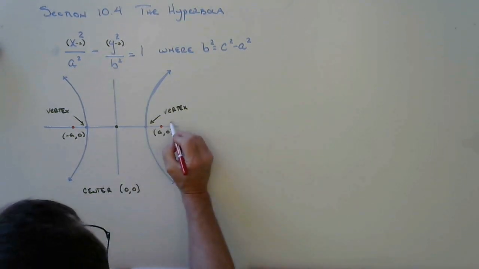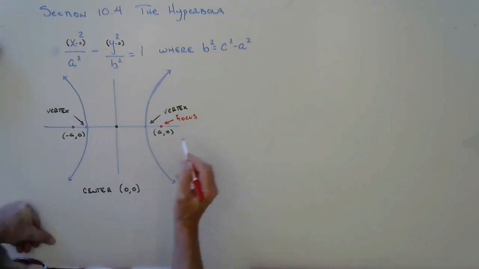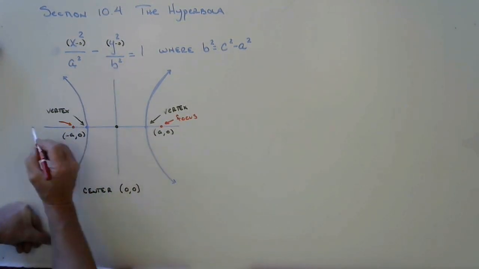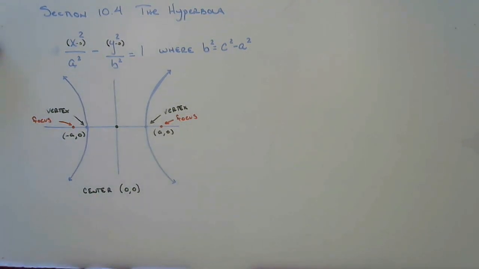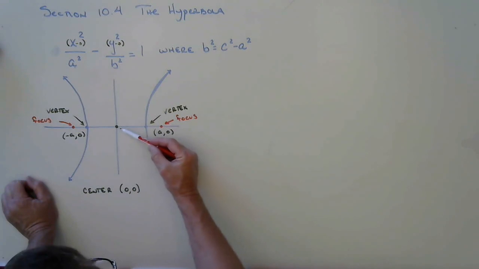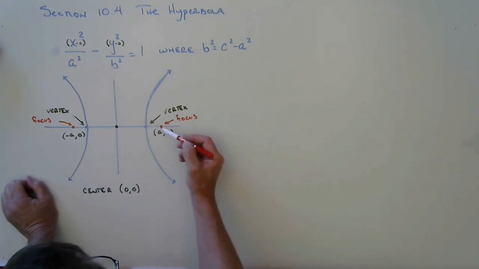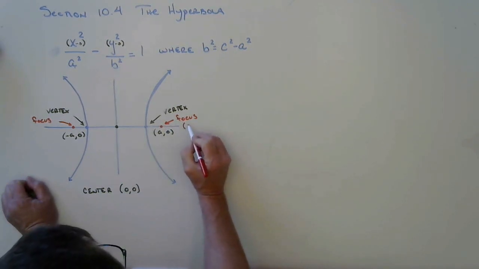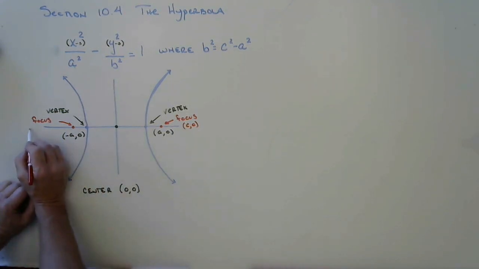So this point here is going to be a focus, and this point right here is also going to be a focus. Now we need the coordinates of those points. And remember, when we found the focus of an ellipse, c was the distance from the center to the focus, and once again, that is going to be the case here. So the coordinates of this point right here are going to be c, 0, and the coordinates of this point right here are going to, of course, be negative c, 0.